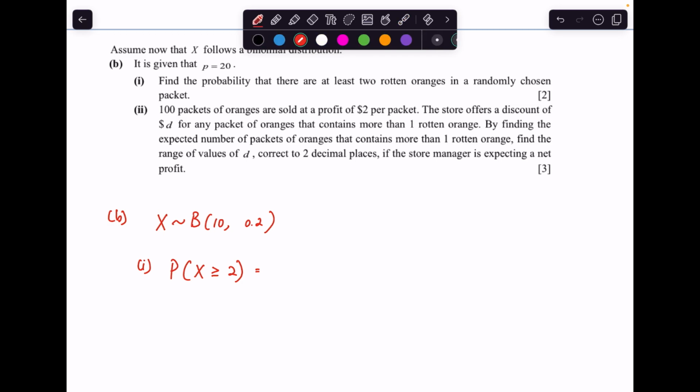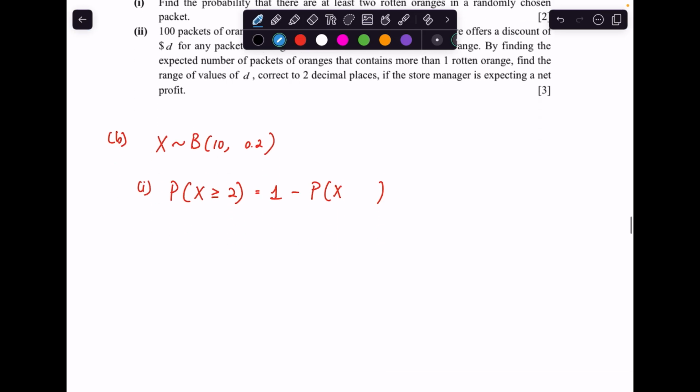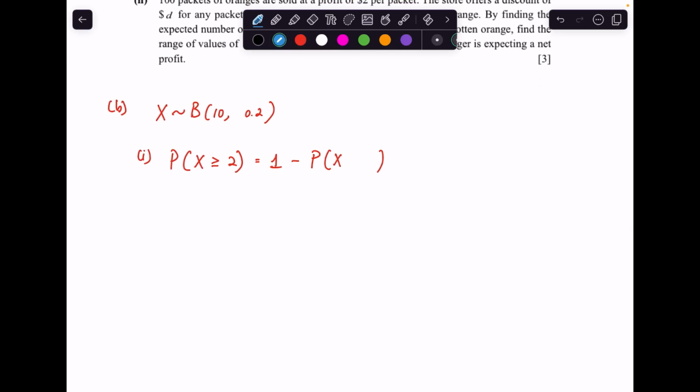So what you should do is write it as 1 minus the probability of some other stuff. So the question now is, 1 minus what? Some of you might have memorized it, but I think it's good to have a contingency plan on how to visualize or derive it on the spot.